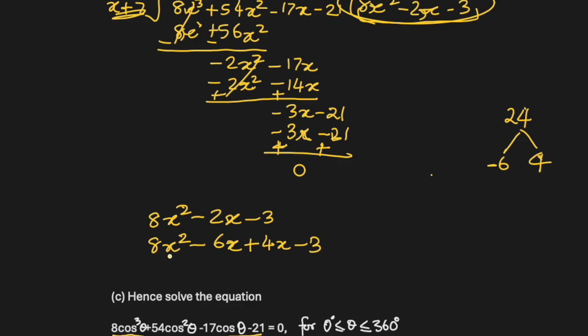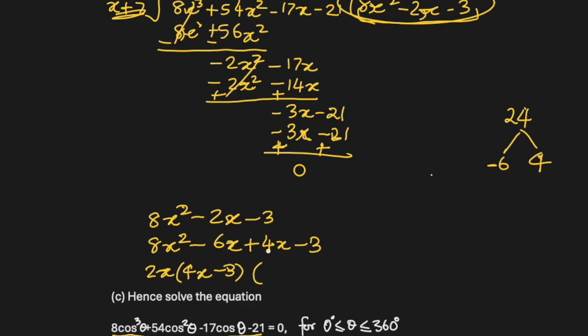So I have split the middle term into two parts so that I can factor the first two. The GCF of these two is 2x. So if 2x is divided out of this, we'll be left with 4x. And minus 3 will be left out of this.